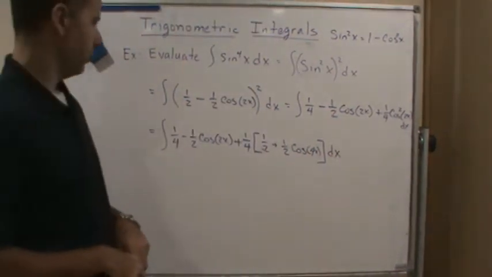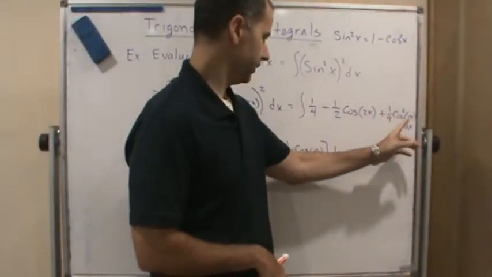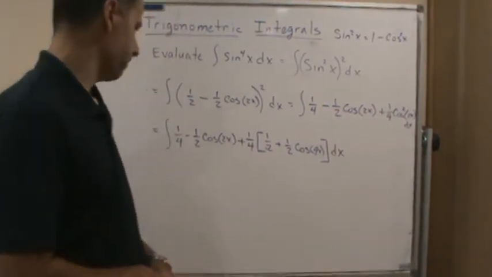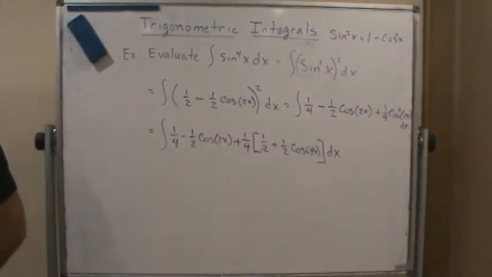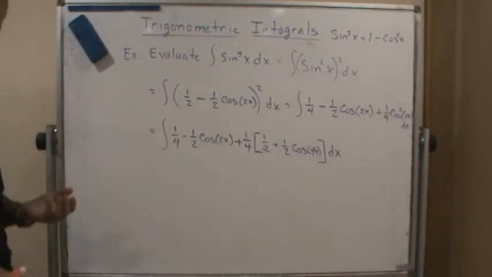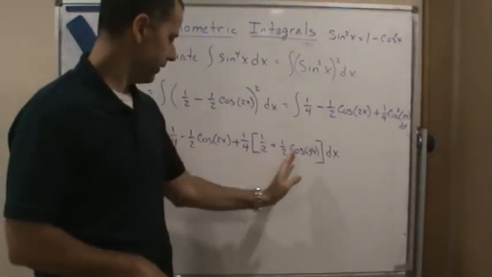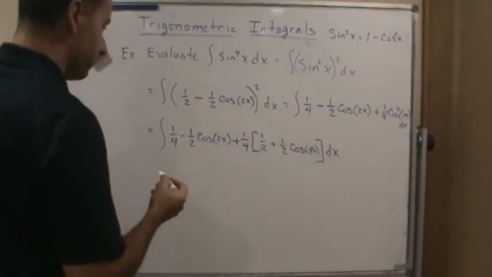Okay? Because we already started with 2x, so we have to double the angle again. Okay? So now we've got this. And so now, in this case, we had to do the power reducing identity twice. And now we've got everything that has powers that we can deal with. So now I'm going to simplify this.